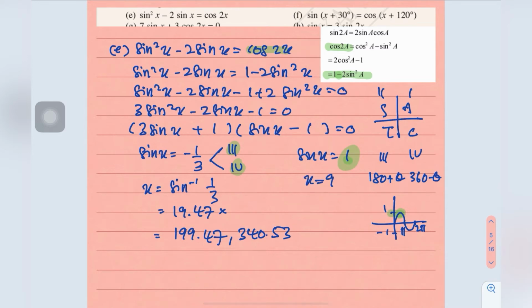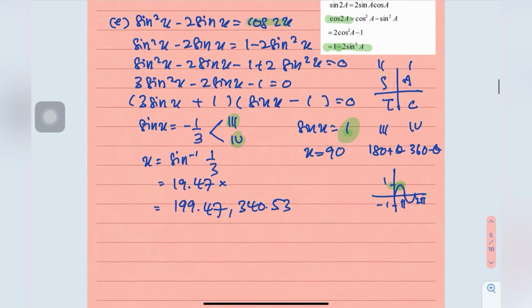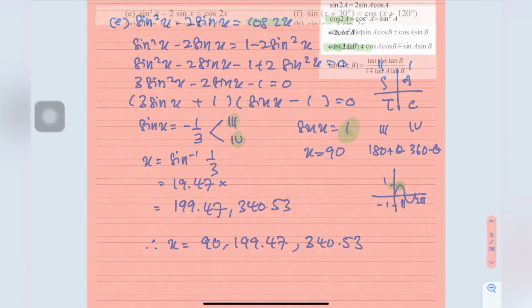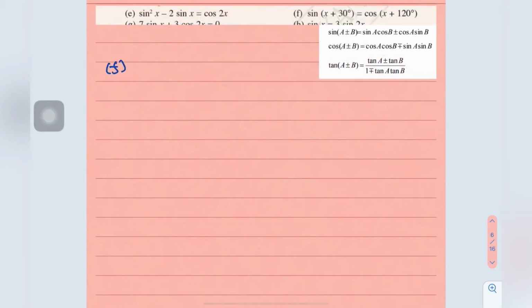So x = 90. Therefore x equals 90 degrees, 199.47 and 340.53 degrees.